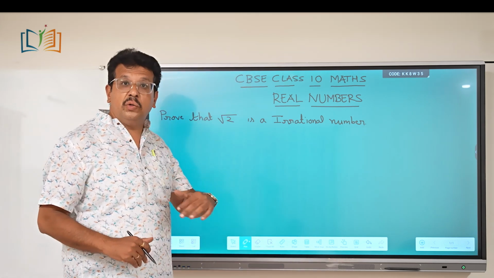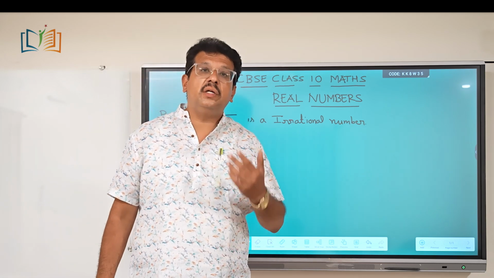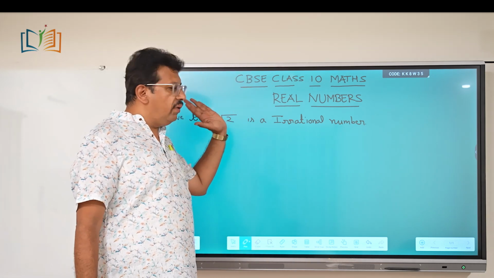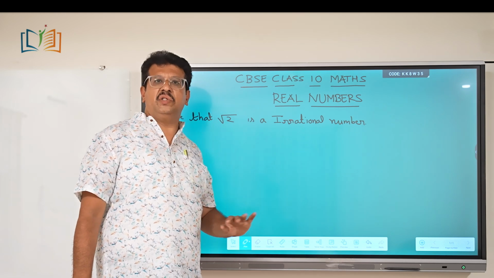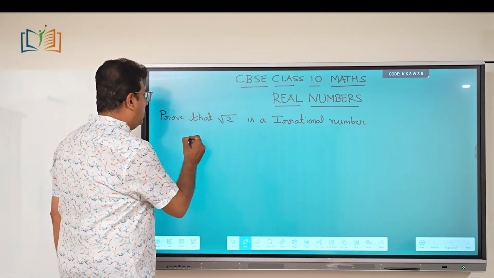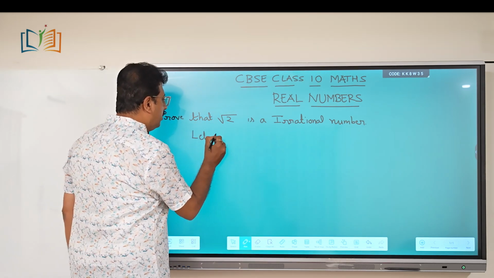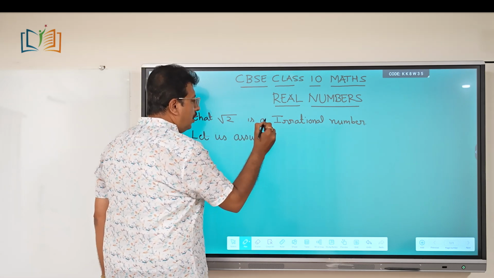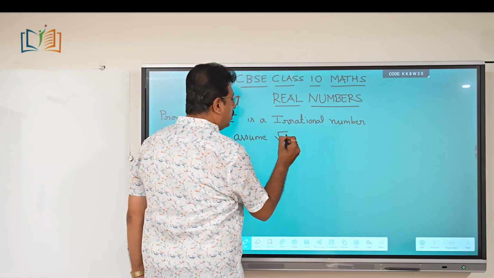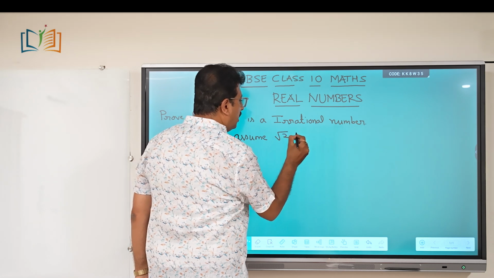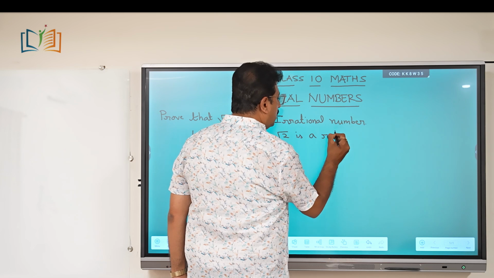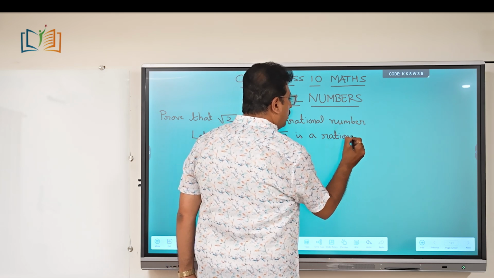For proving this we have to use one method called the contradiction method. What do we mean by the contradiction method? We take the opposite, which is not an irrational number, which is a rational number. Let us assume root 2 is a rational number.